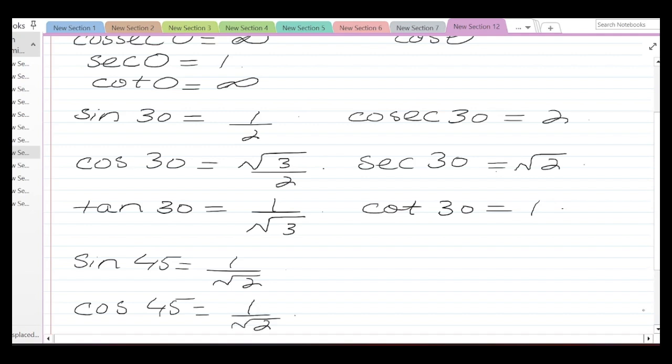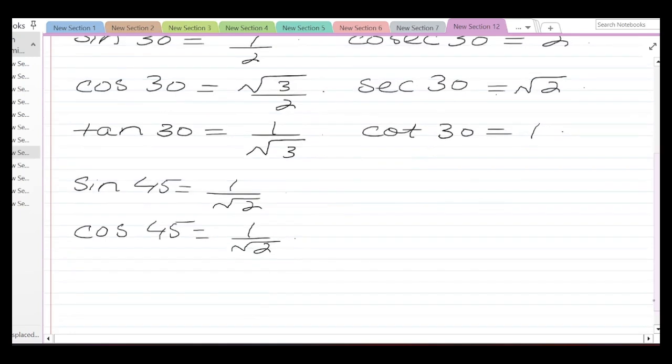If you watched my previous lecture regarding the unit circle, then you know that when we have 45 degrees in the unit circle, that means if you divide 90 by 2, then a right isosceles triangle will be formed. That means the value of the perpendicular, which is y, will also be equal to the base, which is x. That is why sine of 45 and cos of 45 are the same.